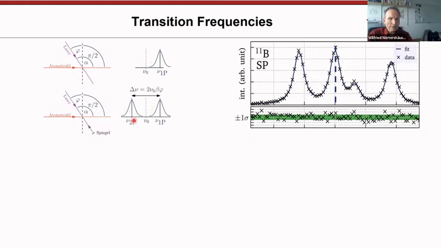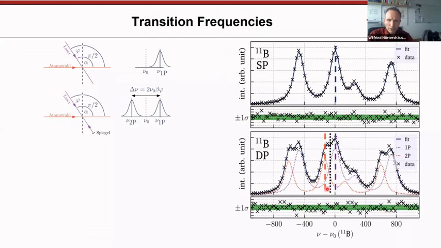Now we do a second measurement where we put a mirror over here and superimpose the retroreflected laser beam. Now we have the opposite shift, because we have the opposite angle with respect to the atomic beam, and so we actually see two resonances. The center of the two resonances is then the real transition frequency. This is shown here on this graph.